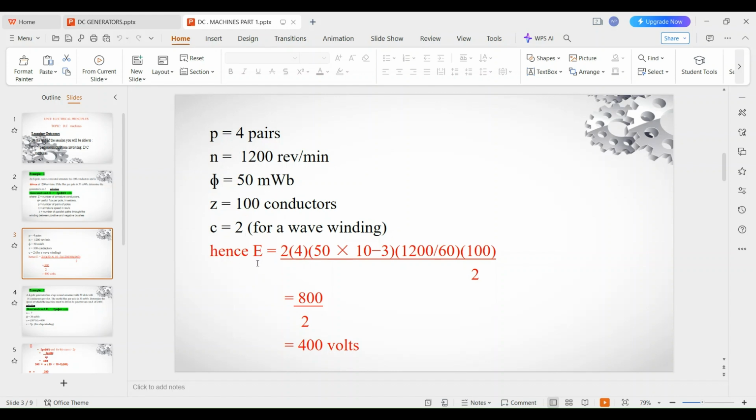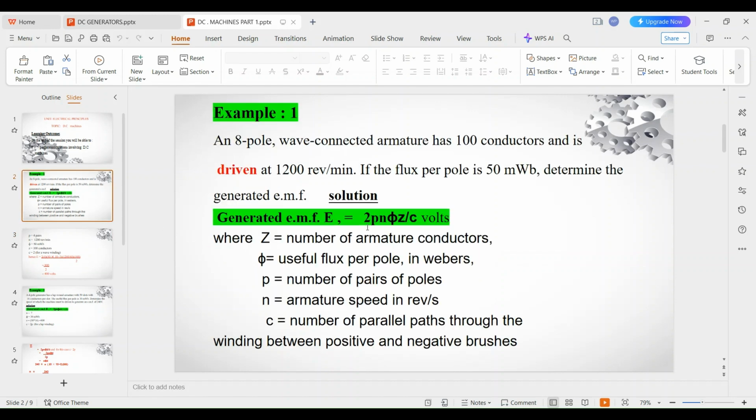And we know that the formula for calculating EMF is given by 2PN phi Z all divided by C. This is the formula for calculating the EMF generated.